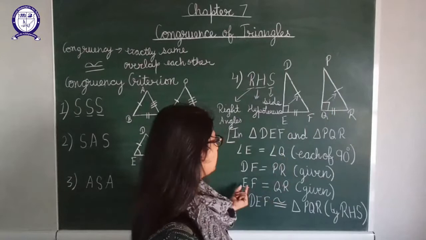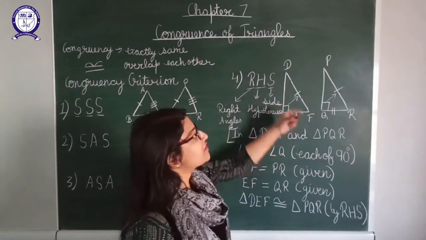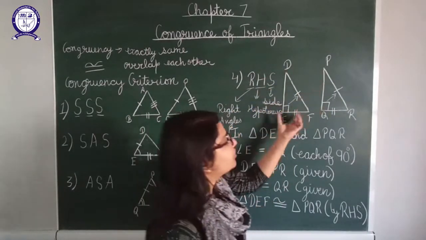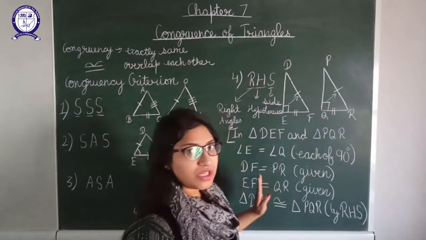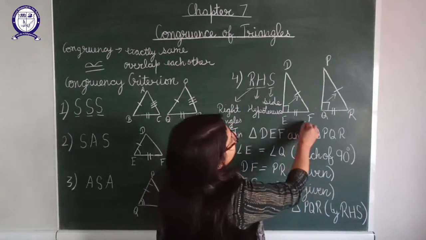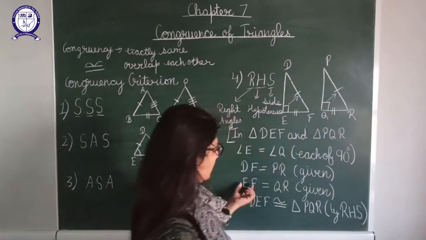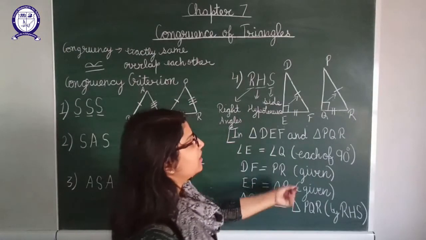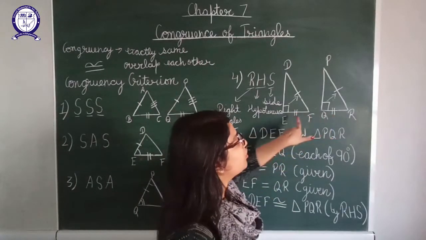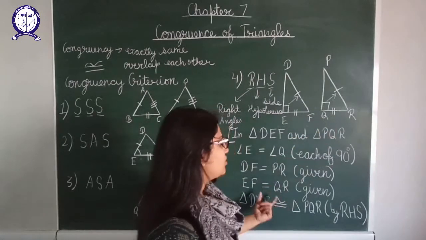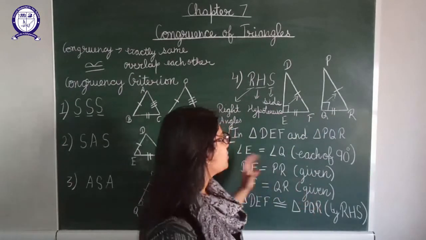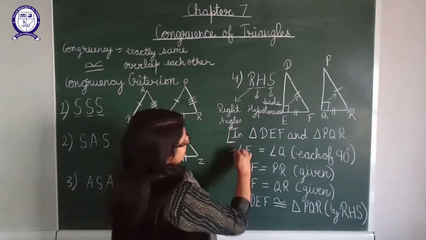Right? And the next one is side. So any of the sides, either this side or this side, can be equal. So EF is equal to QR, as this symbol represents that both of these sides are equal. So it is also given to us, right? So we have told about these three things.